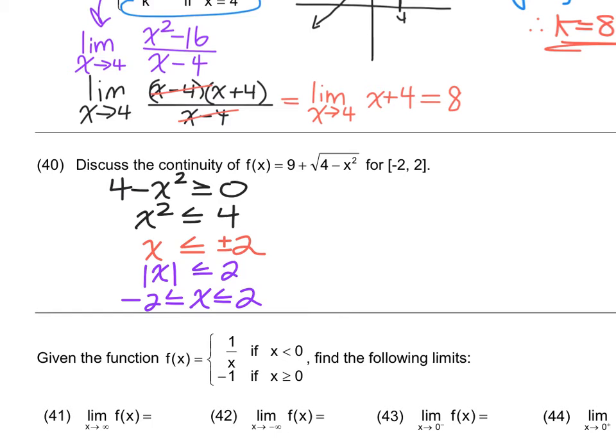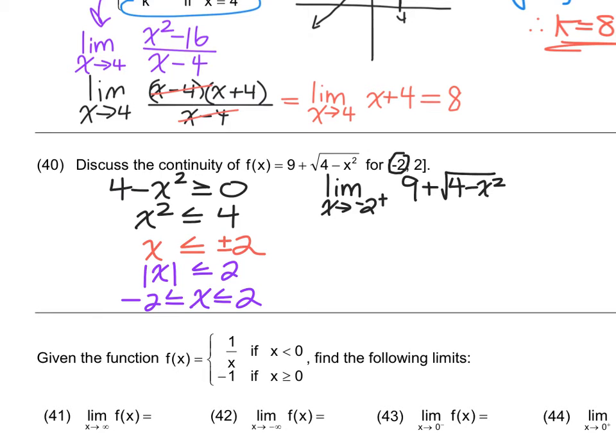So what I need to do, and this is all in your notes, so you can reference it if you want, but I want to find the limit as x approaches -2 from the right. So this is the leftmost bound.